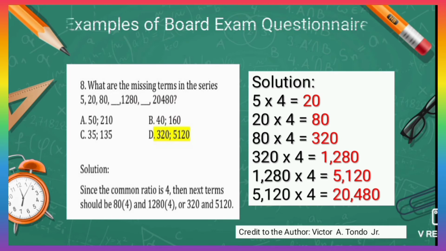Hanapin mo lang yung common difference or yung ratio, then i-apply mo lang ng constant. Ibig sabihin ng constant, kung ilan yung in-add mo or ilan yung i-multiply mo, yun lang din yung gagawin mo papunta sa last term na hinahanap mo. Ganito yung questions nung na-encounter ko sa board exam. So, maswerte ka na kung ganito rin yung ma-encounter mo.